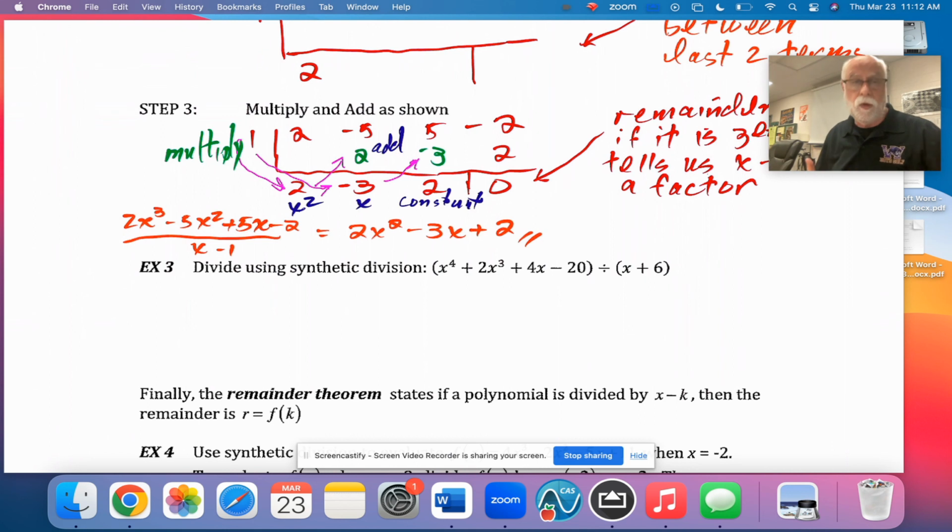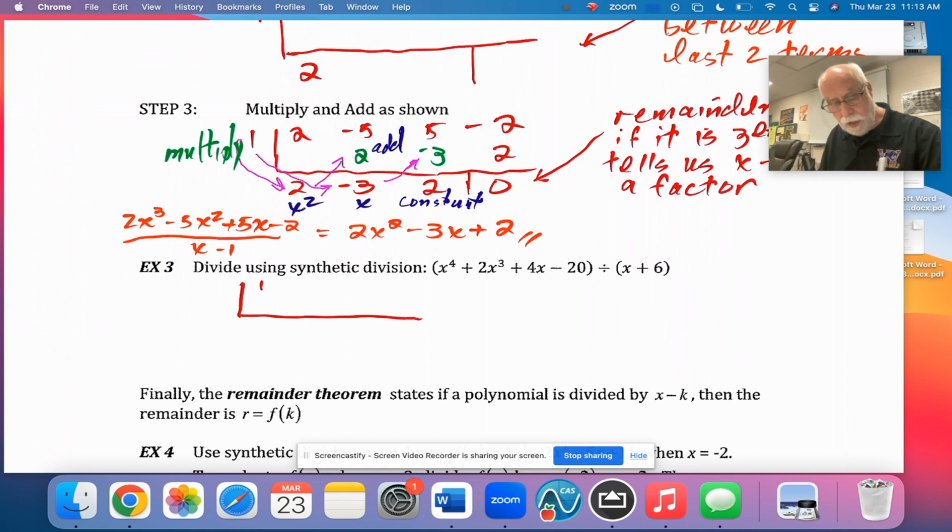And notice how I didn't give you as much room, because we don't need as much room because we're going to do all of the steps at once. So on this one here, we're going to use synthetic division again to find it. So we're going to, again, take and put our coefficients.